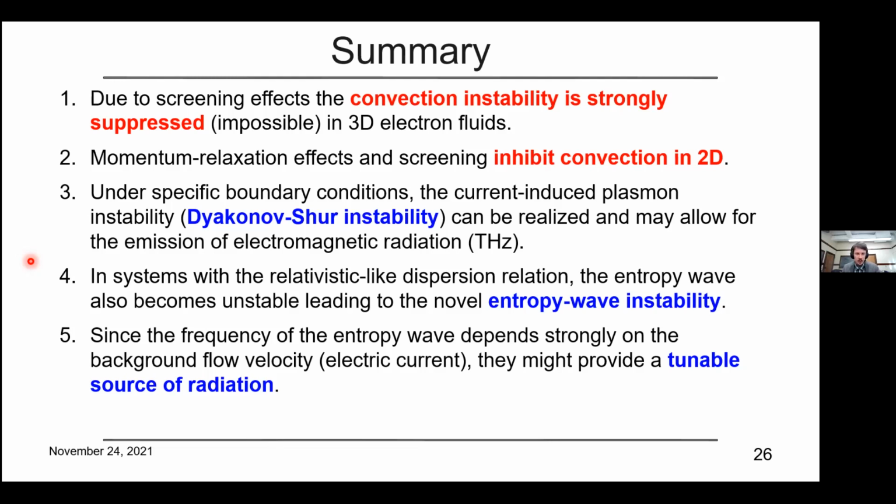We found also that in systems with relativistic-like dispersion relation, it's possible to have a novel type of instability, namely the entropy wave instability. Since the frequency of entropy waves depends strongly on the fluid flow, essentially the external electric current, it might provide a tunable source of radiation.